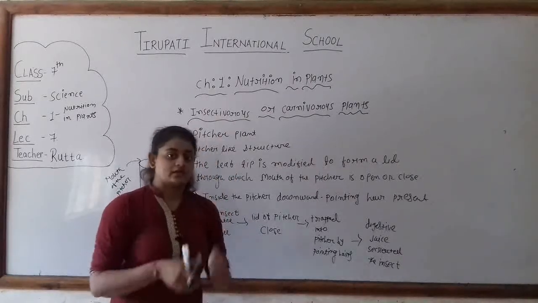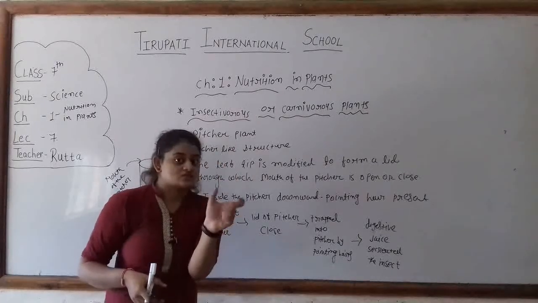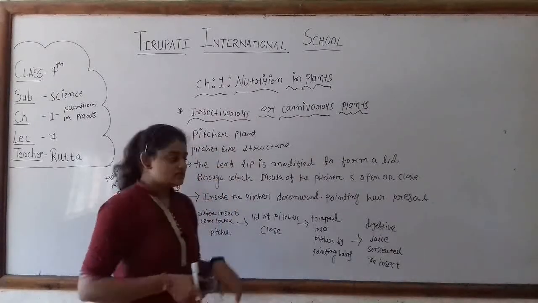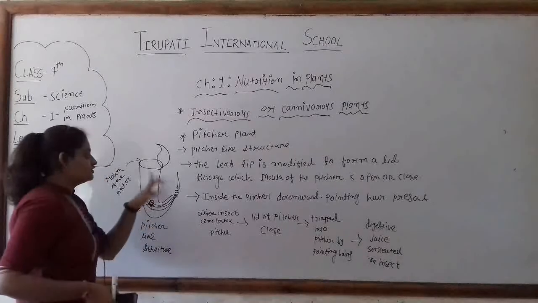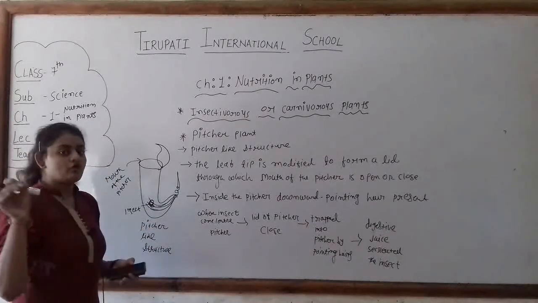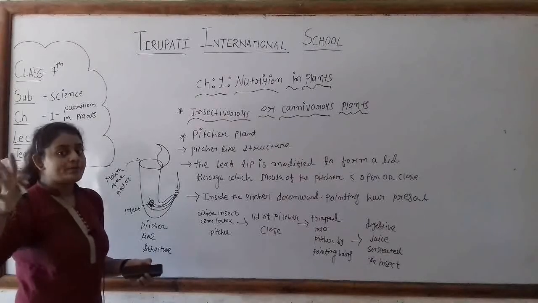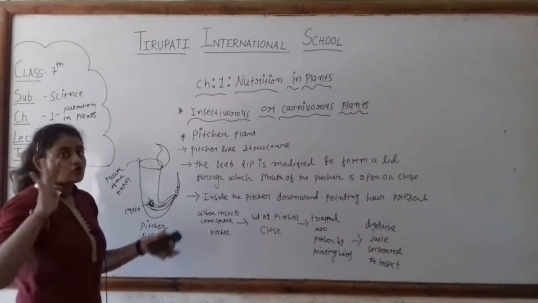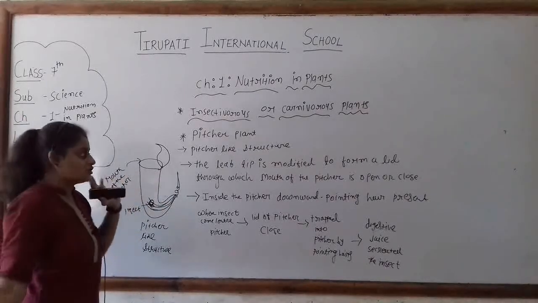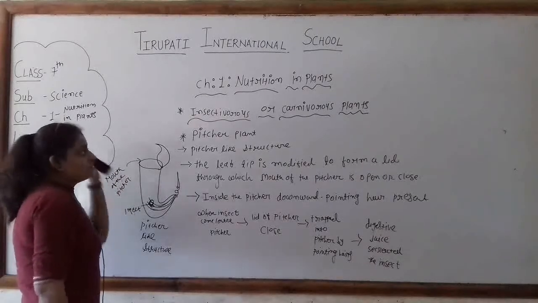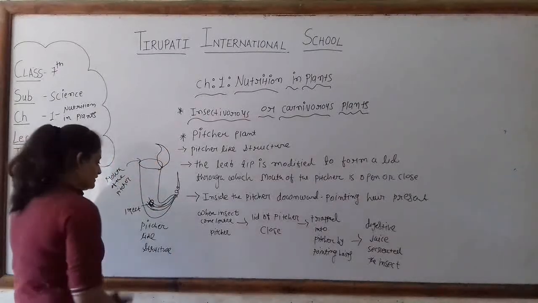So in Venus flytraps there is a flytrap-like structure, so they can trap the insects. In the pitcher plant there are pitcher-like structures. They develop special types of structures through which they obtain different insects. So these are the insectivorous or carnivorous plants.